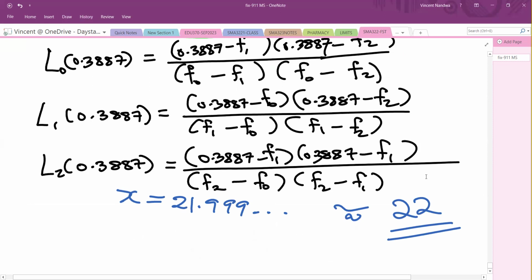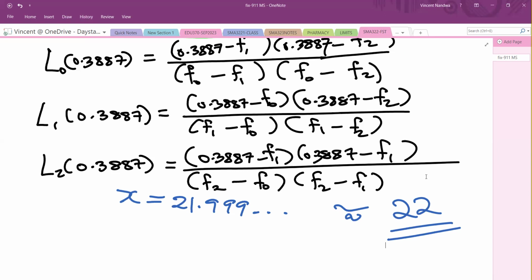So when the problem gives you an f value and expects you to get the corresponding x value for that f, you use inverse interpolation. When the problem gives you an x value and expects you to find the corresponding f value, then we use the direct Lagrange interpolation formula.